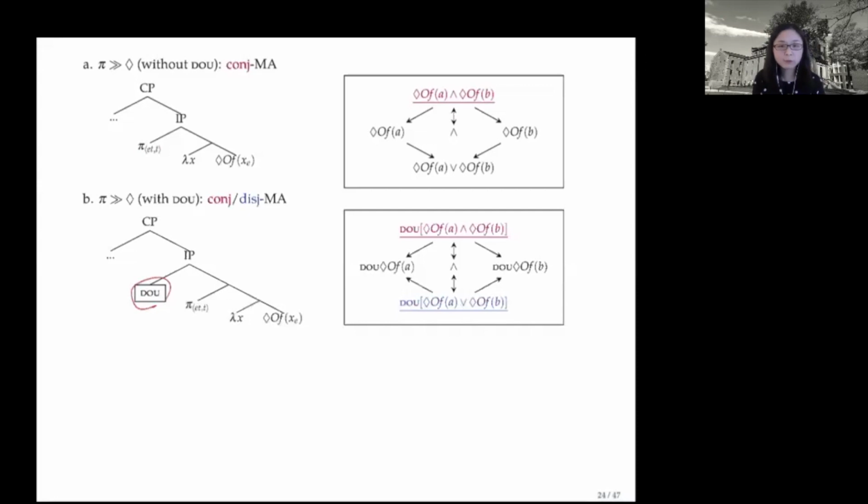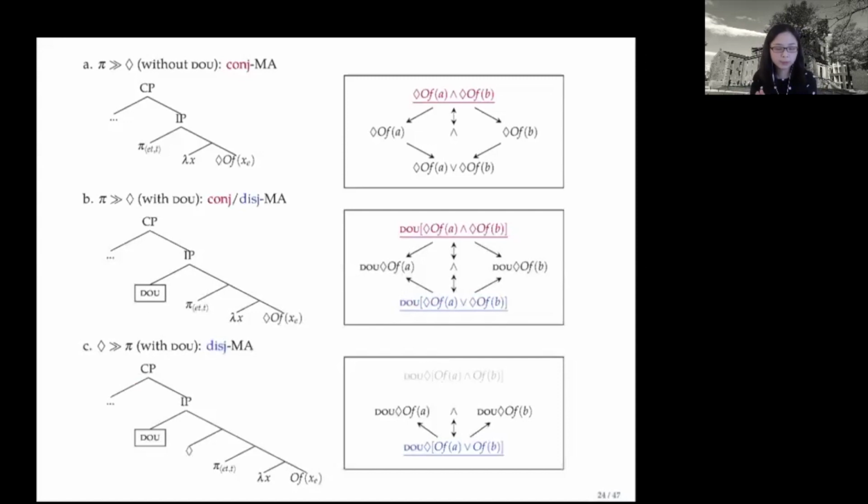With the presence of the operator, everything else is the same, except that the disjunctive answer now is strengthened into a free choice inference, which is equivalent to the conjunction of two individual answers. So that's why the disjunctive answer is also acceptable. So this is a reading where conjunctive mention-all or disjunctive mention-all are both acceptable.